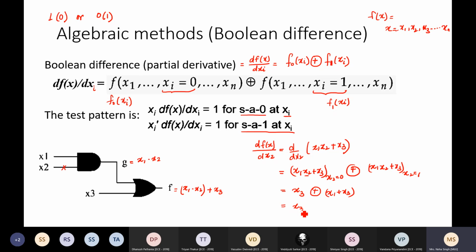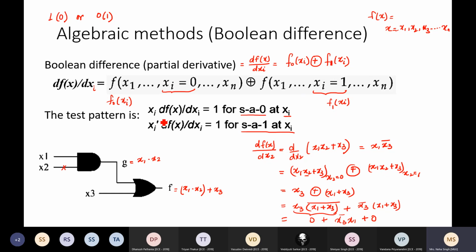This would be first expression as it is, x3 into the complement of x1 plus x3, plus x3 bar into x1 plus x3. Solve करने पर क्या आएगा? This will be x3 into x1 bar into x3 bar, so this will be 0, plus x3 bar x1 plus 0 because this would be x3 bar into x3. So the Boolean difference comes out as x1 x3 bar.